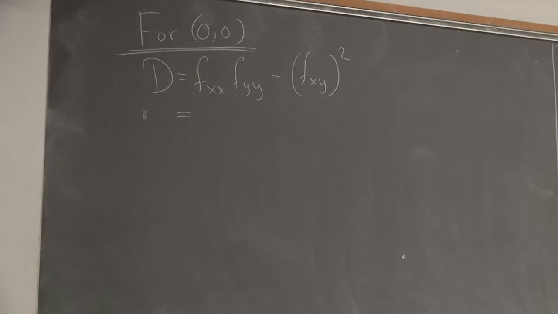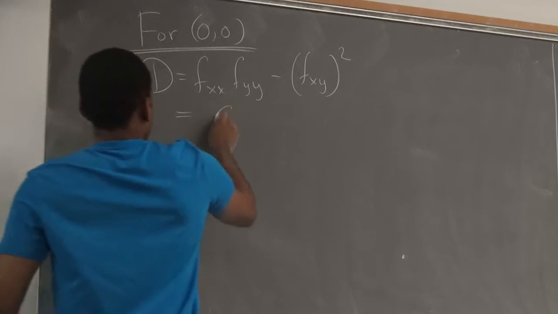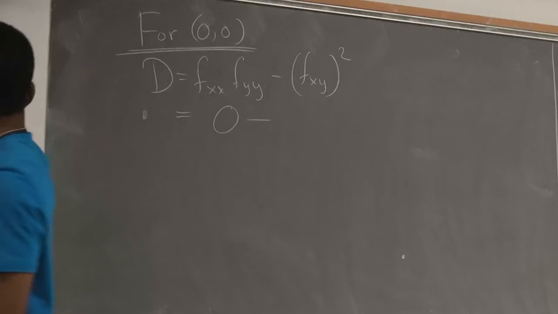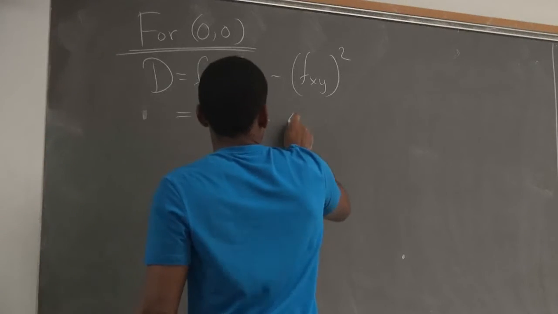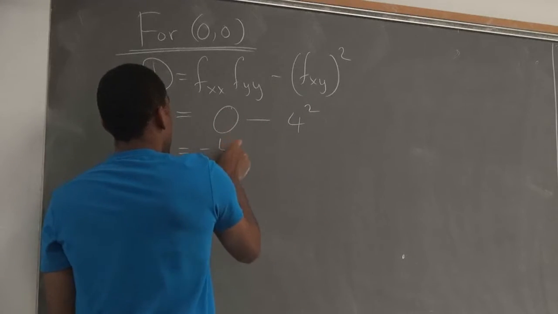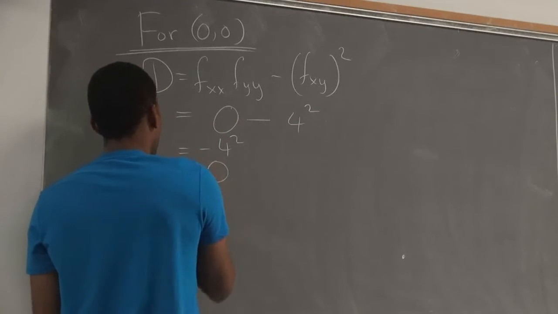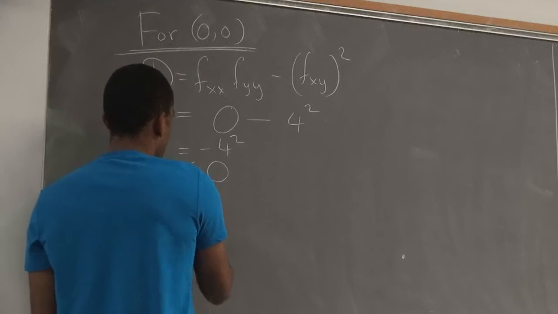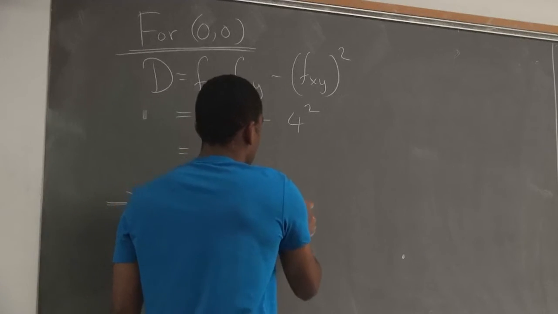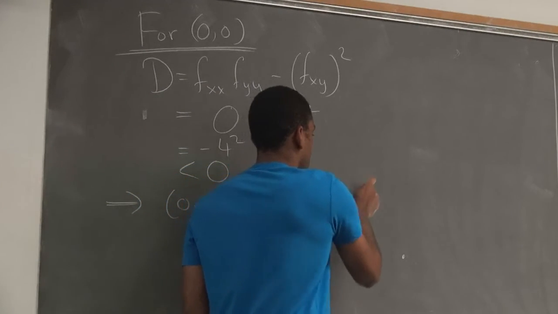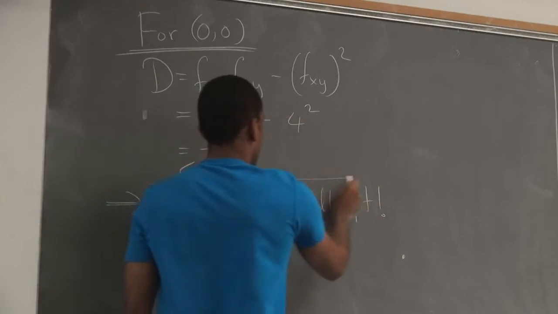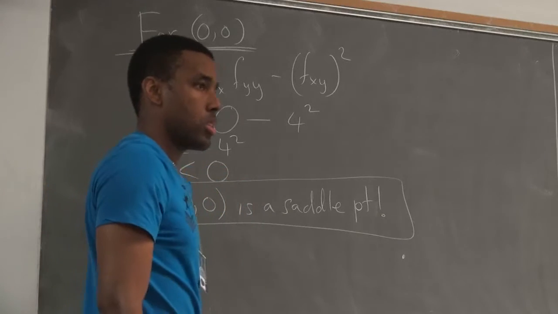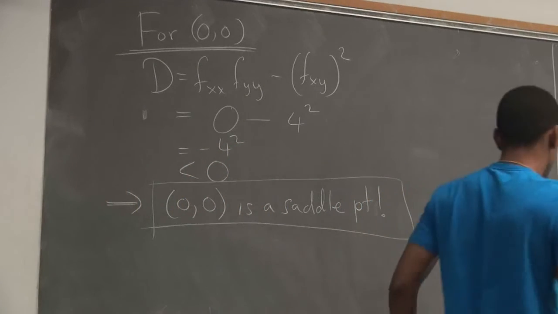So fxx at 0, 0 is just 0, so that's 0 minus, fxy is 4, so this is minus 4 squared, which is less than 0. This means the origin is a saddle point. So that's that. I've classified the origin.